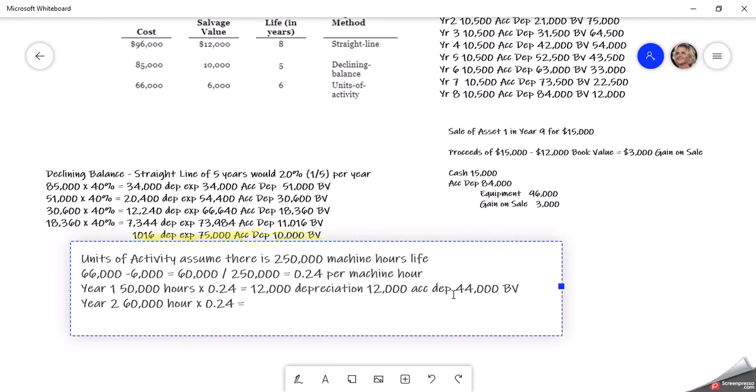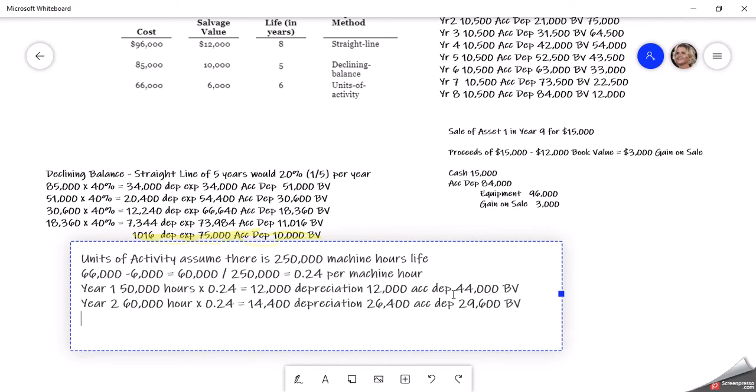So then 60,000 gives us $14,400 of depreciation. So now my accumulated depreciation is $26,400. And then my net book value goes down. Let me grab my calculator here. 44,000 minus the 14,400. The net book value is going to go down to 29,600.